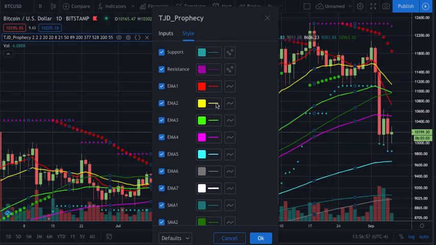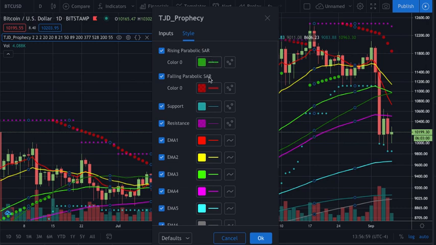I wouldn't really mess with the other stuff. You could change the colors if you really wanted to, but essentially the idea is that green and cold colors are your supports, and the warm colors and dark colors are the resistances.